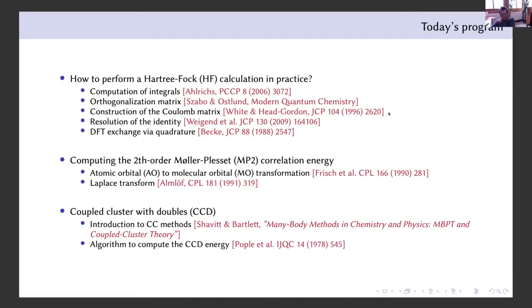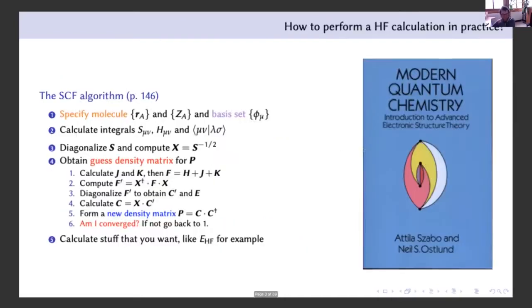All right, so we're going to start with Hartree-Fock and how we do that in practice. This is probably my favorite book, and my favorite page in that book is page 146. If you look at page 146, it basically gives you the complete algorithm to actually perform a Hartree-Fock calculation.